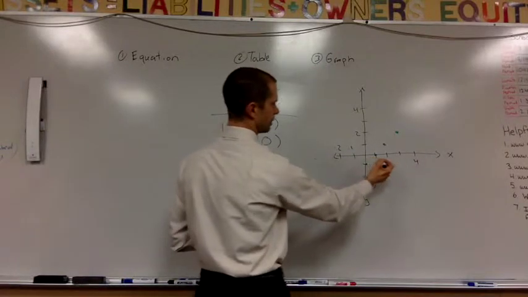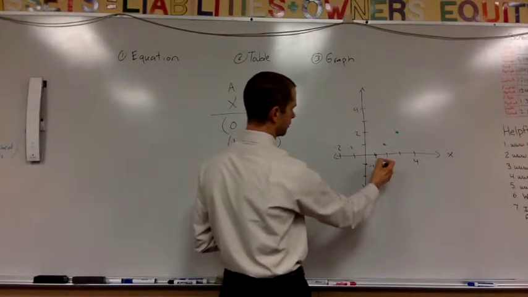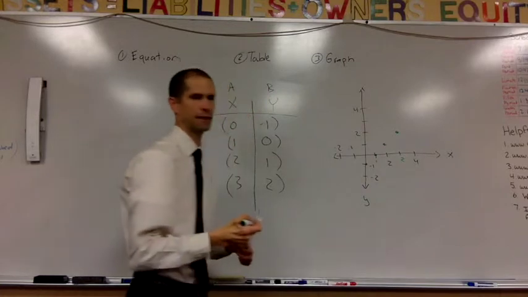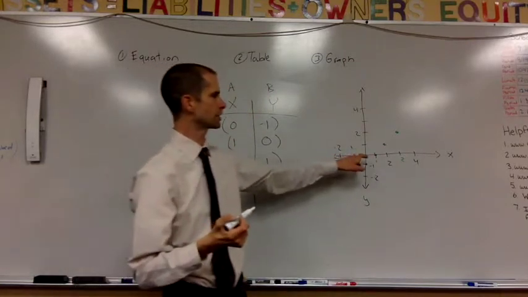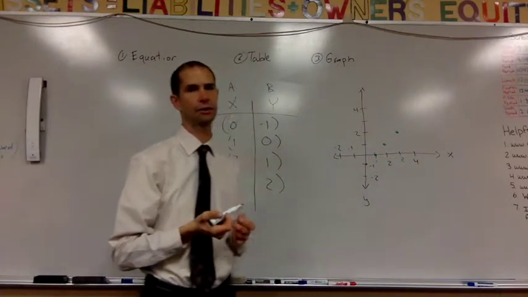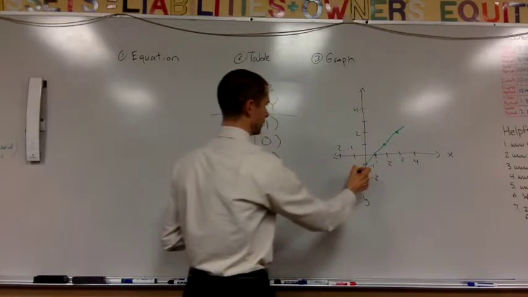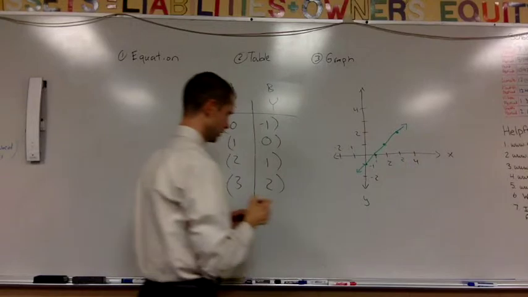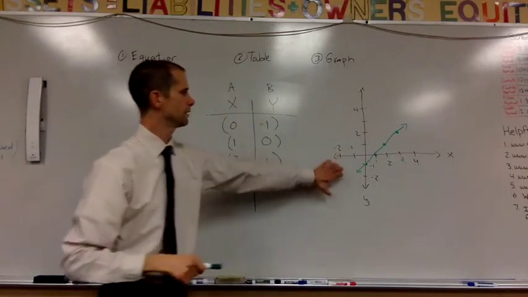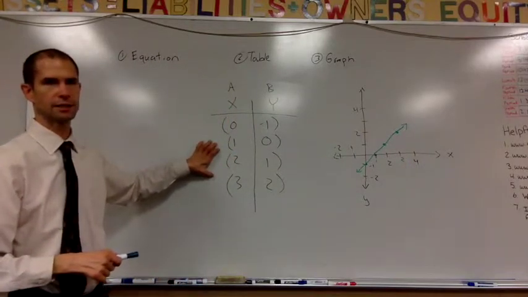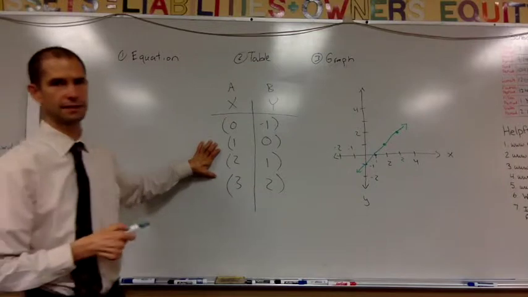And notice here, I did write my scale, but I didn't write the 1 and the 2. As long as you label your scale enough so that we know how you're counting, everything is okay. And again, when we're done, we connect our line here. So this graph gives us a visual representation of the data and the solution set in this table.